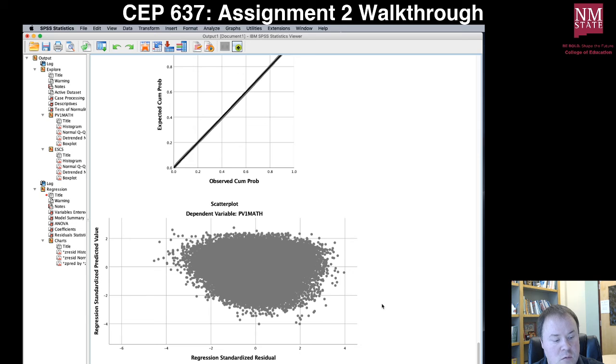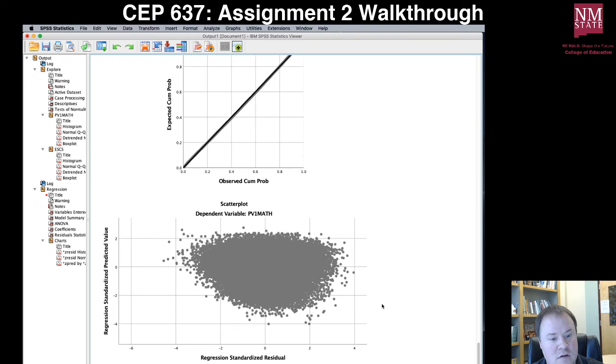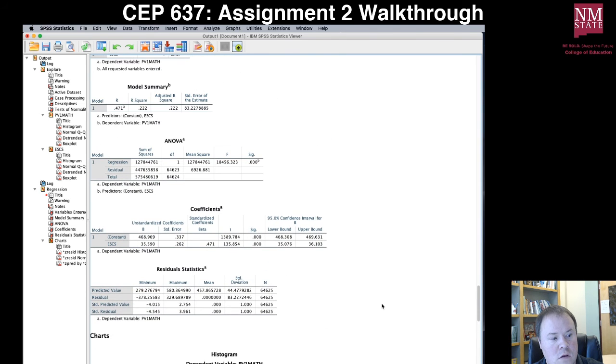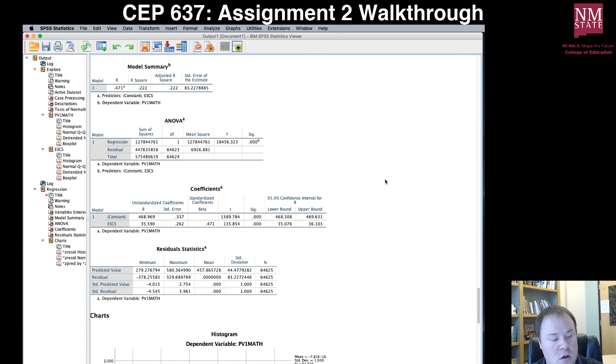And so we would claim that a linear model appears to have been appropriate. And that is the last assumption that we needed to check. And that is essentially how you would interpret the results of this simple linear regression model.